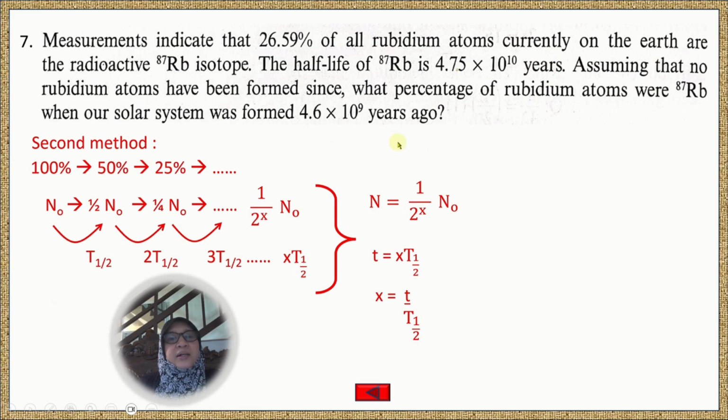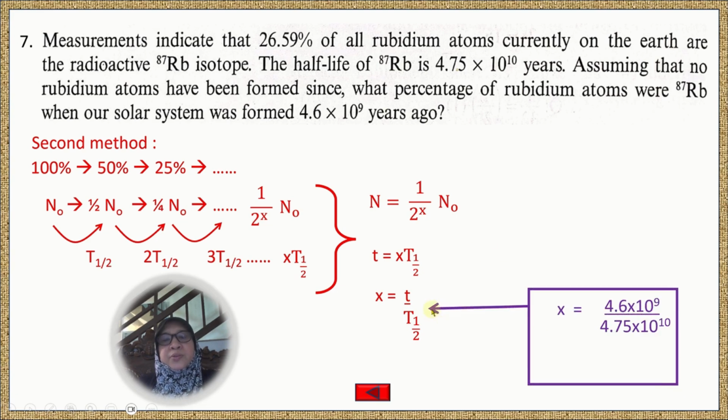Next, we can use this method also, instead of using N equals N naught e to the power of negative lambda t. You do it backward, find the x first. Time taken is given, and half-life is given.